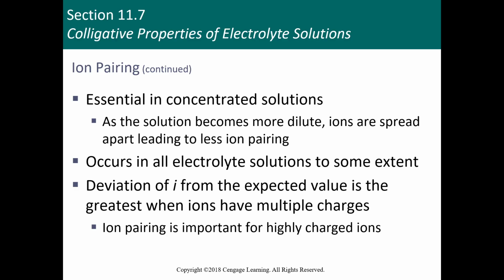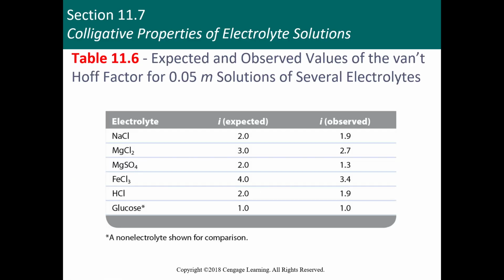The deviation of i from your expected value is the greatest when your ions have multiple charges. So in NaCl, it's expected to be very, very low because they're both plus and minus 1. The ion pairing is going to be very important for highly charged ions.